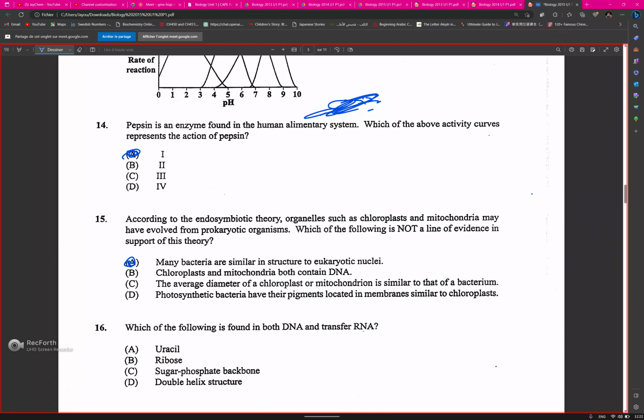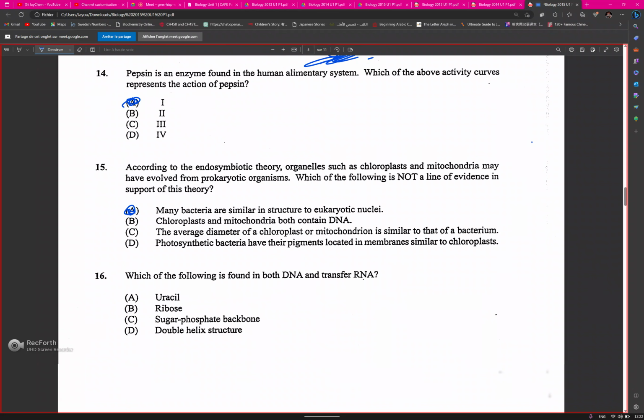C would support it because they are similar in size to bacteria. And D would support it because photosynthetic bacteria are largely similar to chloroplasts. Well, bacteria aren't similar to eukaryotic nuclei. That doesn't make sense to me.